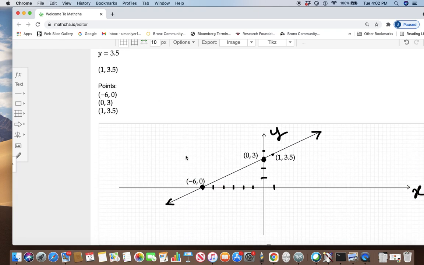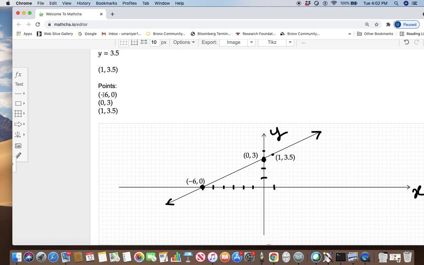So we now have 3 points. That was your x-intercept, that was your y-intercept, and that was any third point of our choosing, right? So x equals 1 and we found the y coordinate and that was your third point.